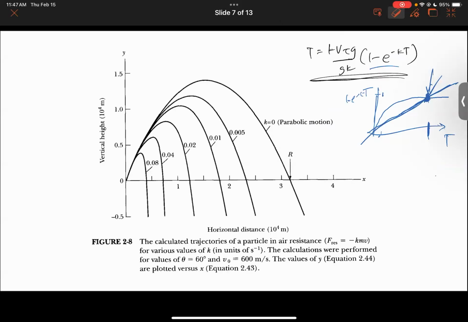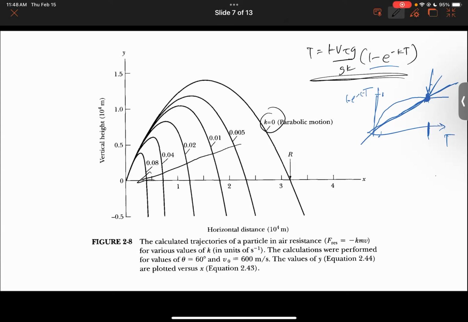Balikan natin yan. Explain muna natin itong graph na ito. So, anong nakikita nyo dito sa graph na ito? Ang nakikita nyo dito is yung trajectory, okay, ng objects, pag 0 yung air resistance at pag nag-increase na yung air resistance.